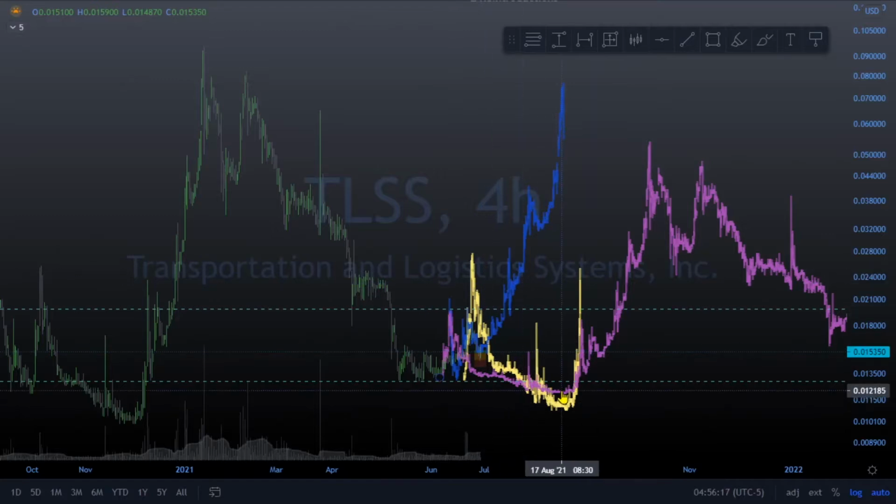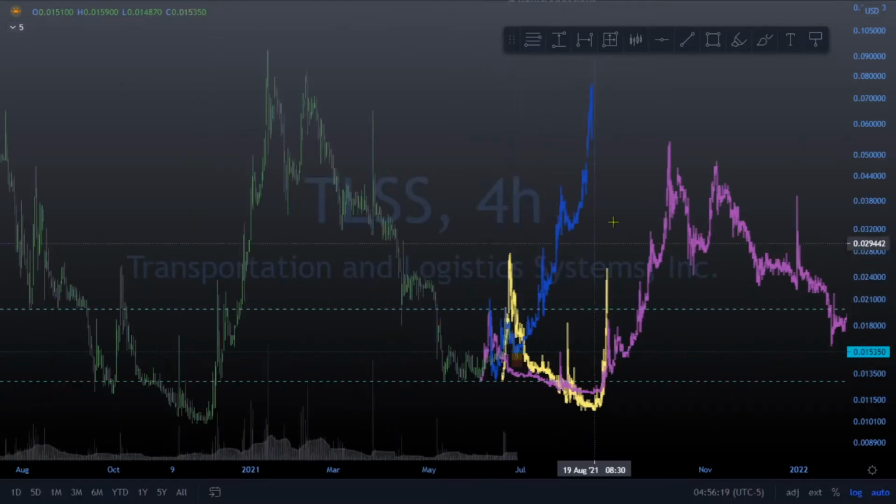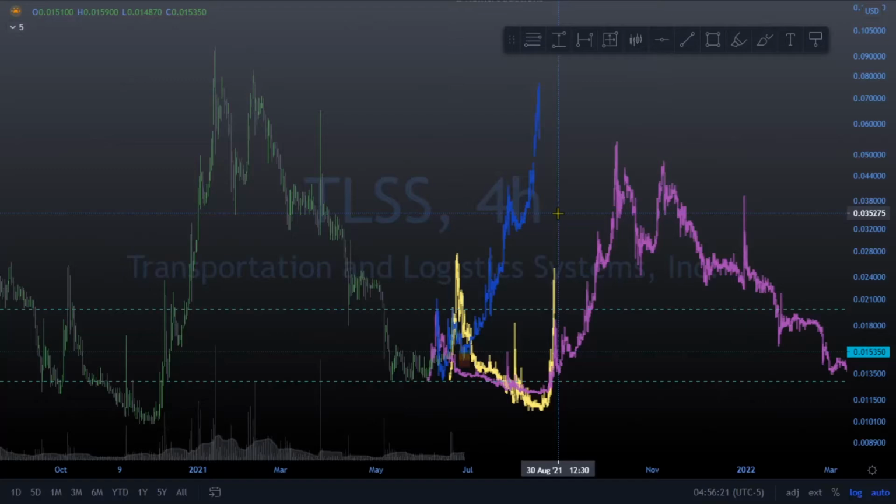These are the main three, and each of these three represents their potential bottoms and their potential tops. They're not cut off or anything.